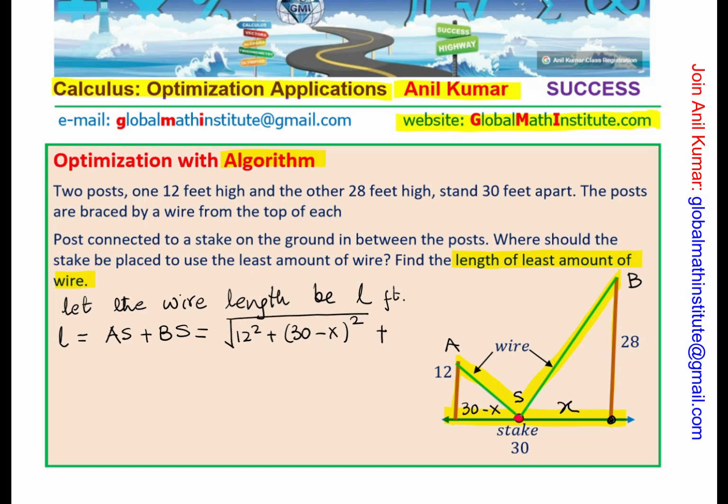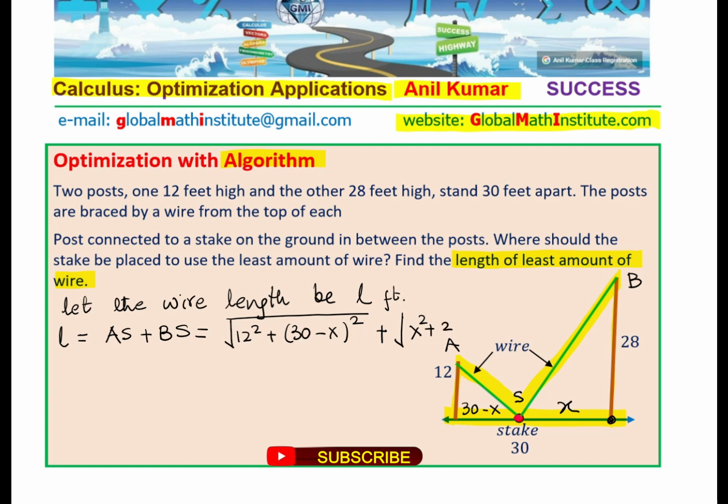And that of S to B will be square root of x squared plus 28 squared, correct? So this is the length which we need to minimize. We have length as a function of x. I could also write this as L of x, correct?